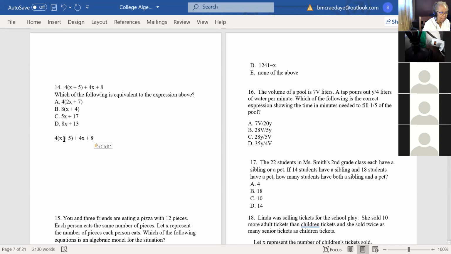What's 4 times x? It'll be 4x, right? Yes. 4 times x is 4x. What's 4 times 5, Chastity? 4 times 5, 20. That's it.